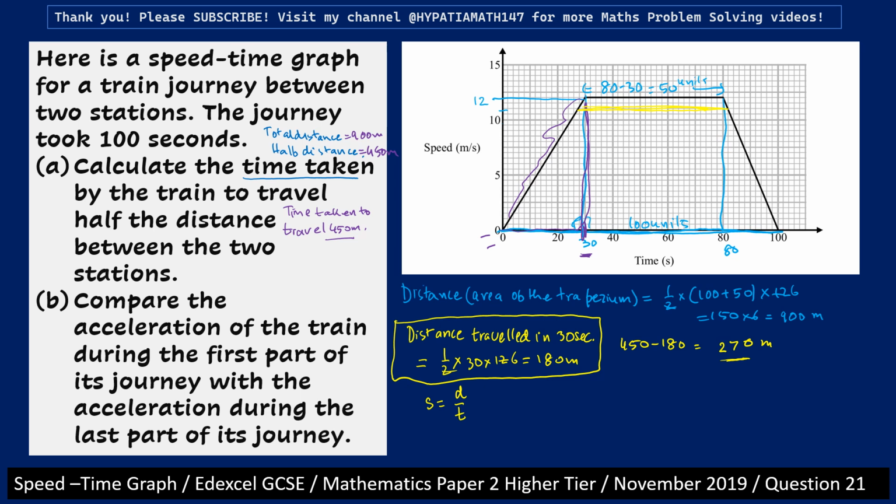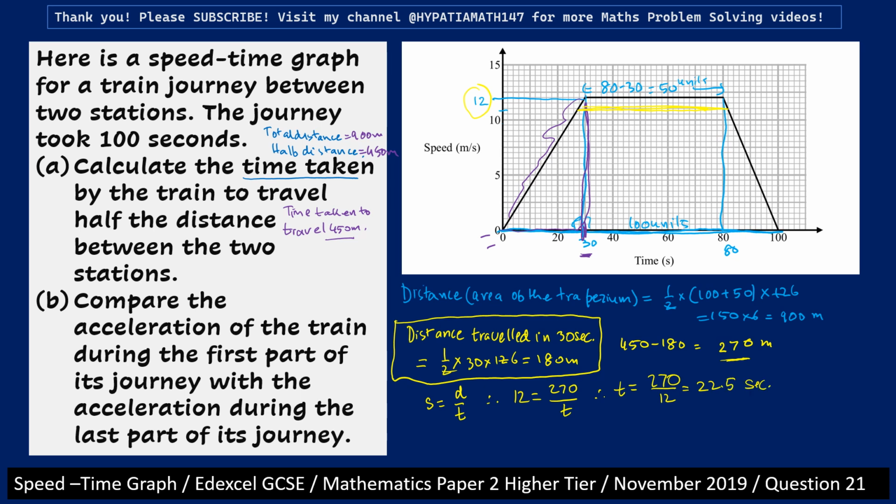So speed is distance divided by time, and we know the speed is 12. So 12 is 270 divided by time. So time is 270 divided by 12, which is equal to 22.5 seconds.